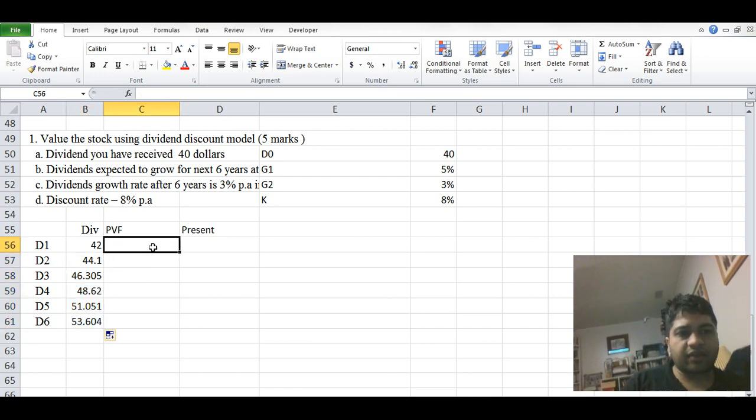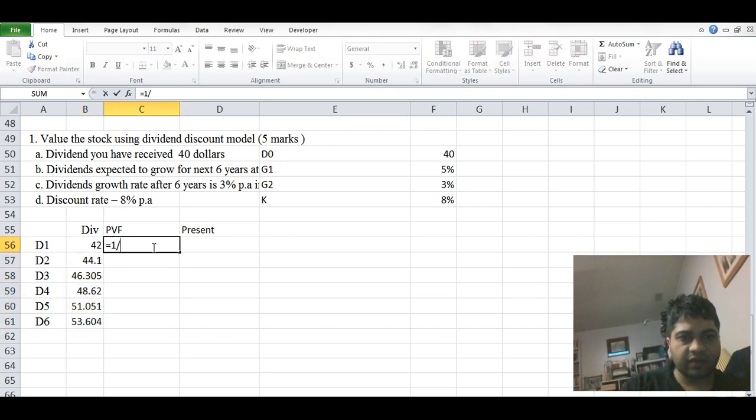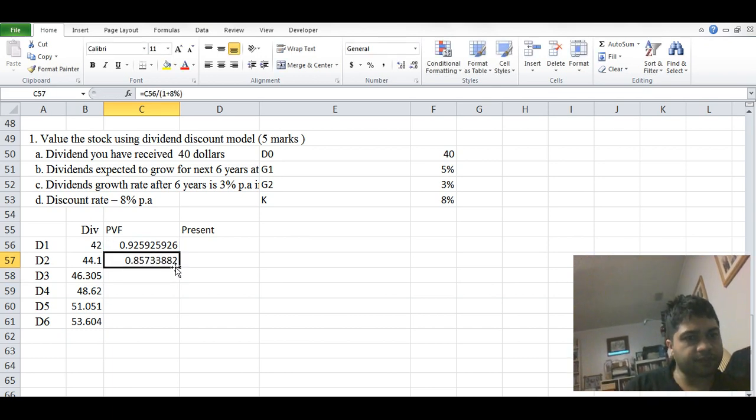Present value factor, like we know, is 1 divided by 1 plus discount rate. Discount rate is 8%. Next present value factor is previous value divided by 1 plus discount rate.